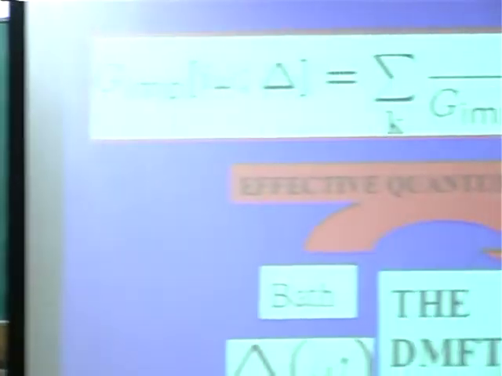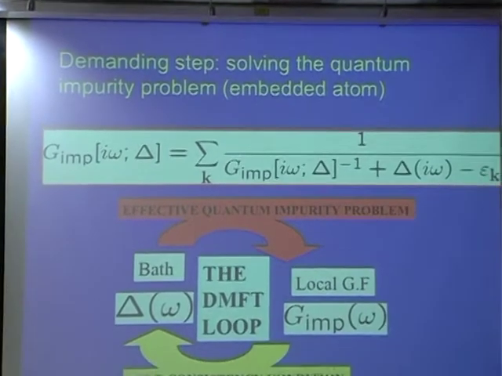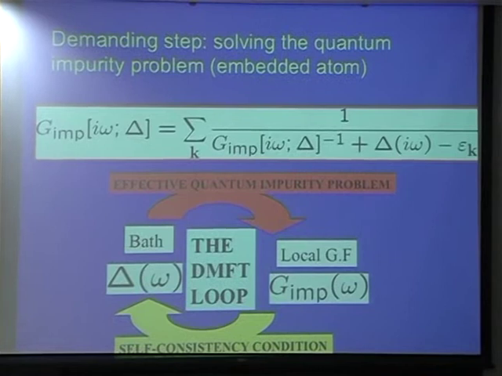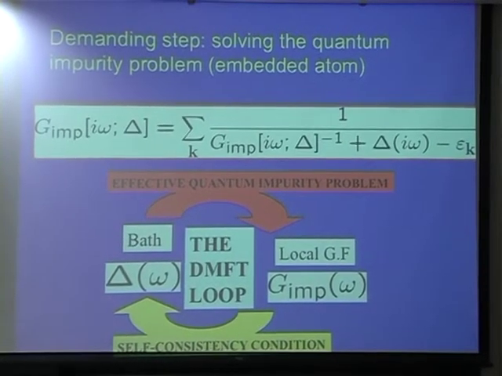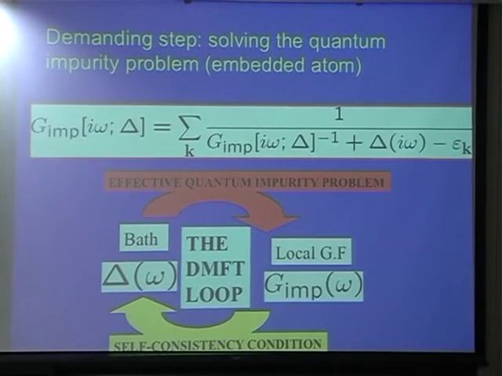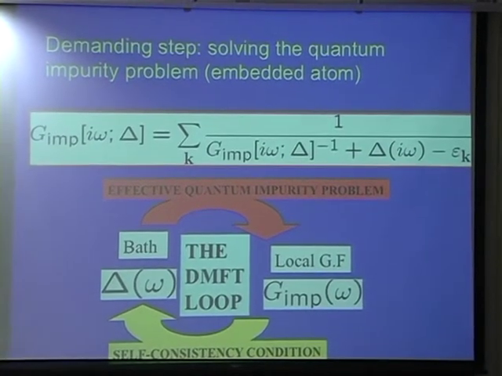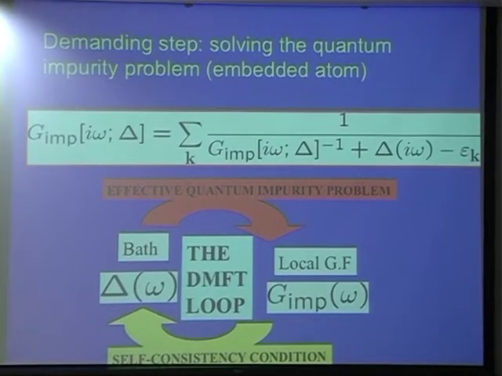Okay, so let me first explain a bit about this. Here you see that we have the self-consistency condition as written for any lattice you want. You just give me the tight binding band epsilon k, which comes from your hopping on a specific lattice, and that would be what DMFT tells you to implement as a self-consistency condition.